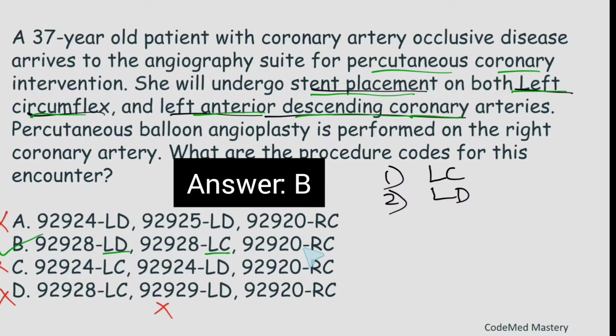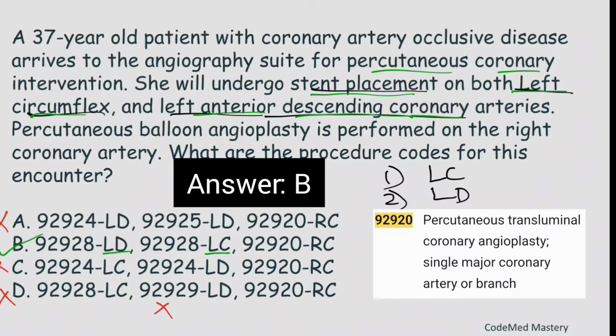Now let us check the code 92920. That is for percutaneous transluminal coronary angioplasty, single major coronary artery or branch. So here in the scenario, they have mentioned percutaneous balloon angioplasty is performed on the right coronary artery.